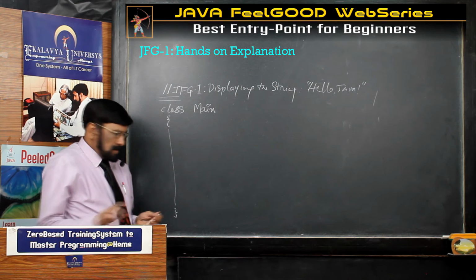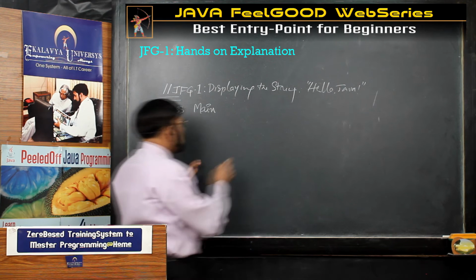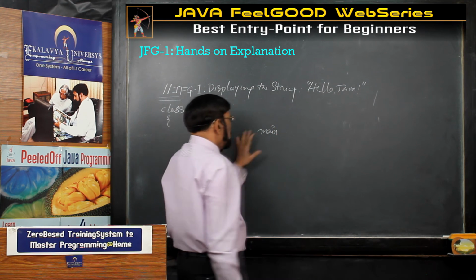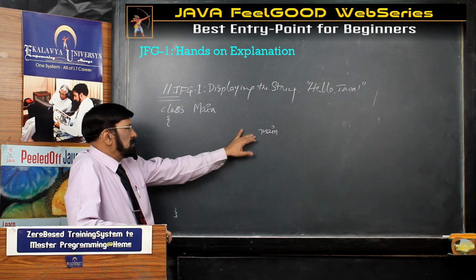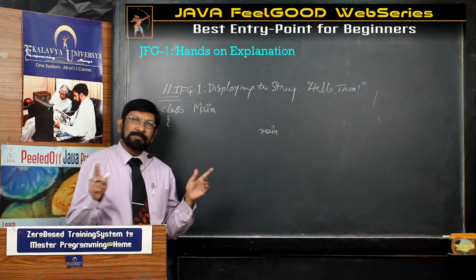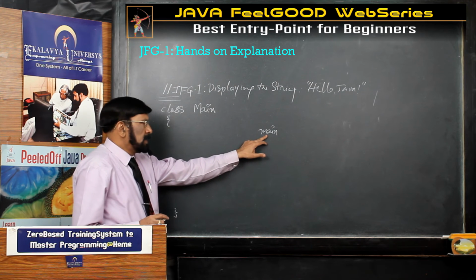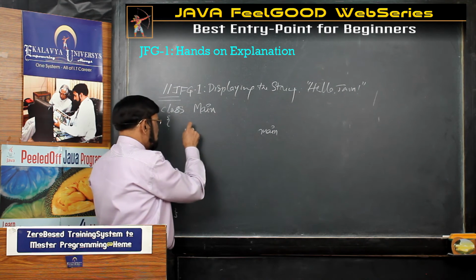So in this, we have to write the main method. Unlike C, C++ and Python, it has a big signature, and you must invariably write it. You don't have any choice. So main you have written, and for this you have to write the signature.